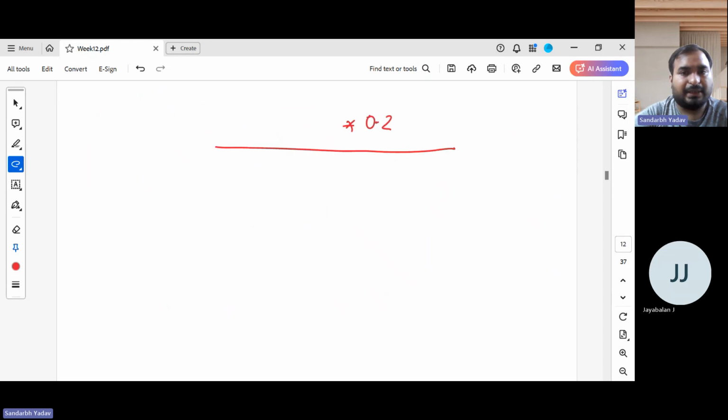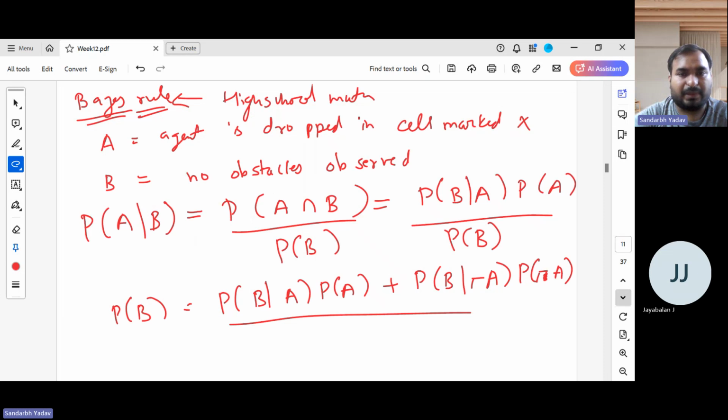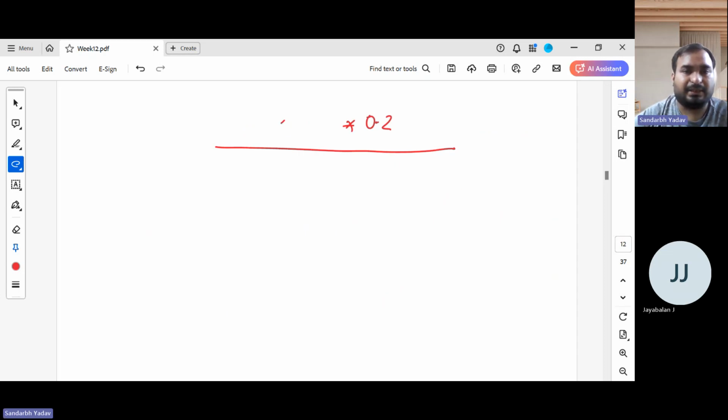So what is the probability that, if it's dropped in this cell X, it doesn't observe any obstacle in any direction? That means the sensor reads correctly in all four directions. For one direction it's 0.9, and we multiply 0.9 four times, because these are independent events. We can consider the cardinal directions as independent, so you can multiply this probability.